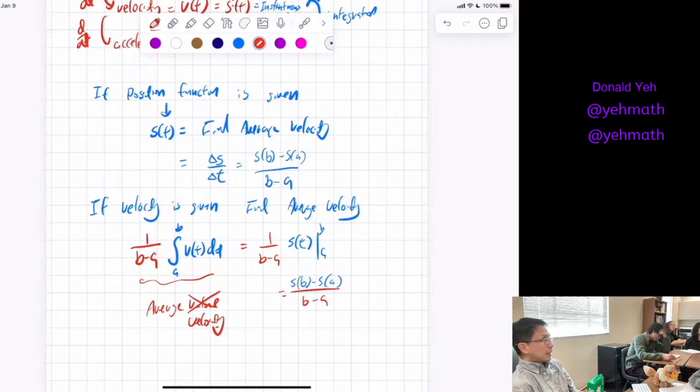In the test question, I can give you a velocity function, ask you to find the average velocity, then you have to integrate it, right? Got it?